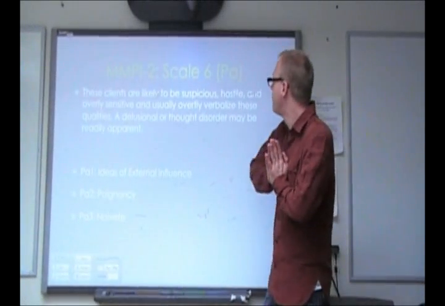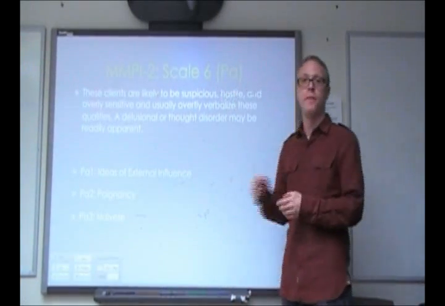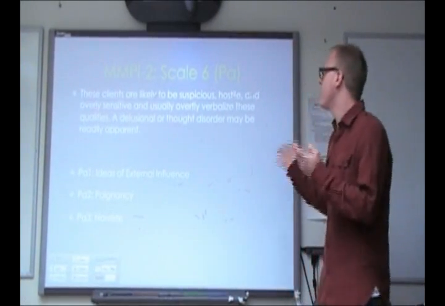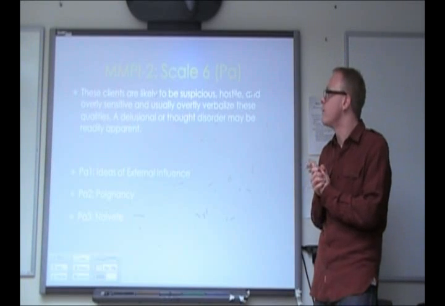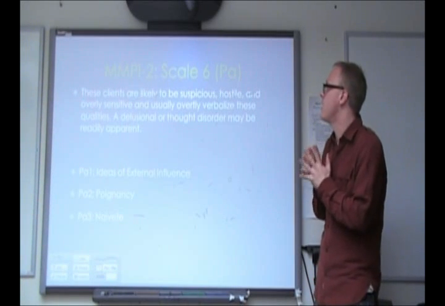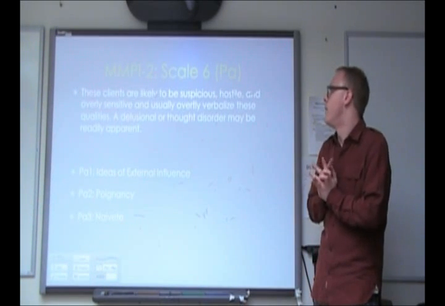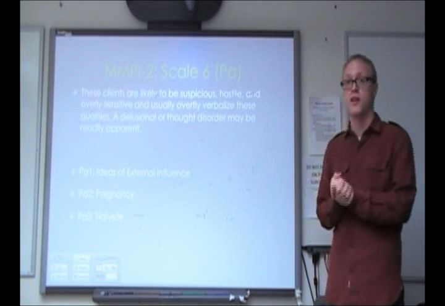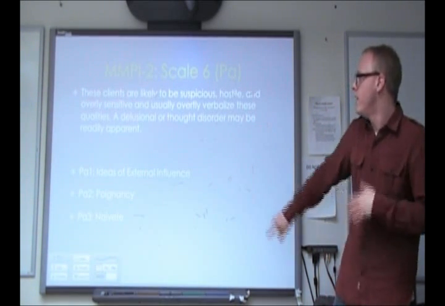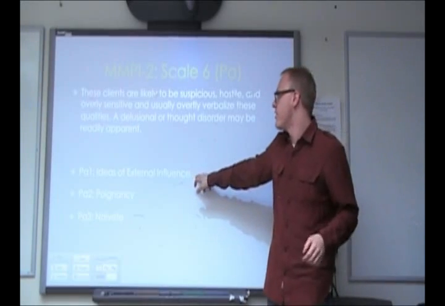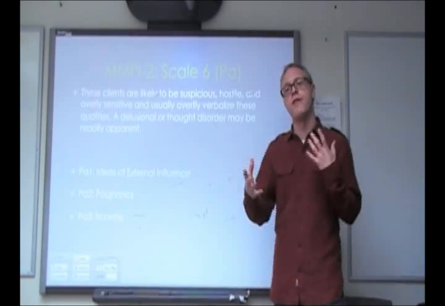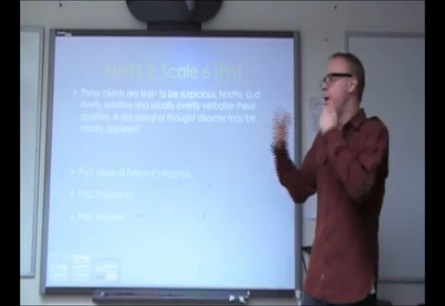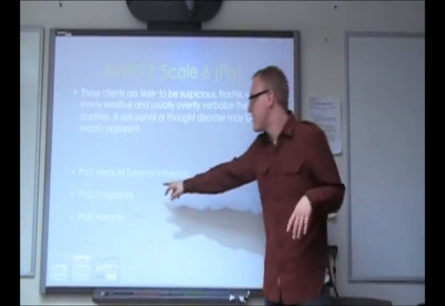Scale 6, Pa, paranoia. These clients are likely to be suspicious, hostile, and overly sensitive, and usually overtly verbalize these qualities. If it's high enough, you might want to consider a delusional or thought disorder. It measures ideas of external influence, so ideas of reference, people talking to them, poignancy, and naivete.